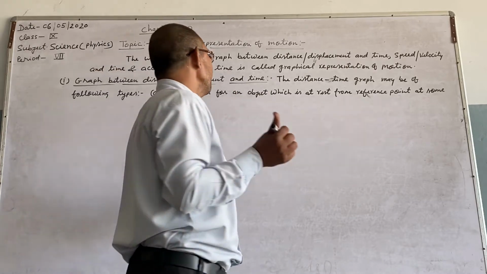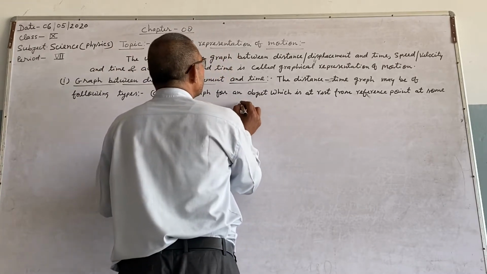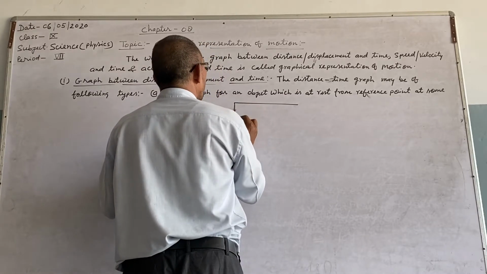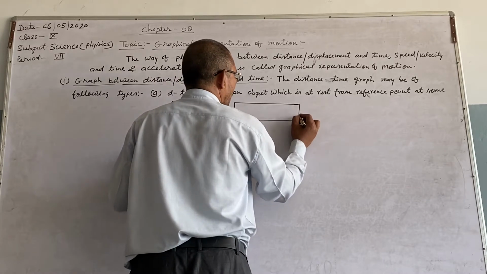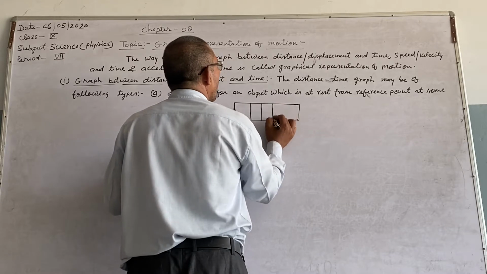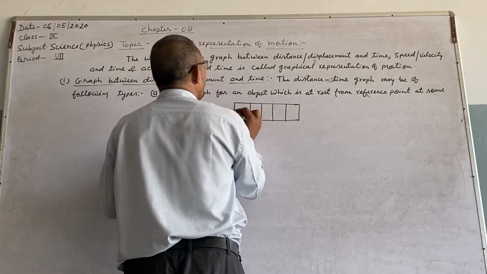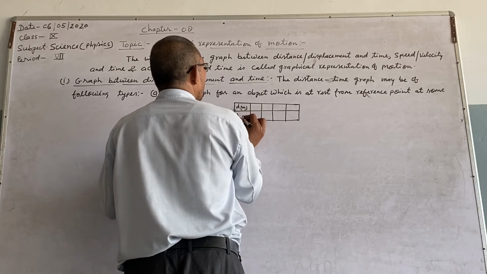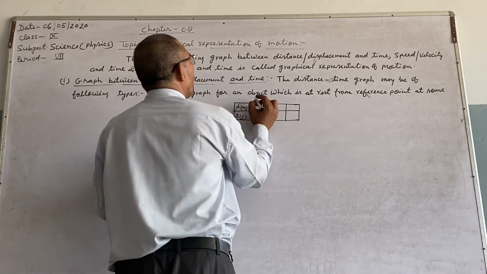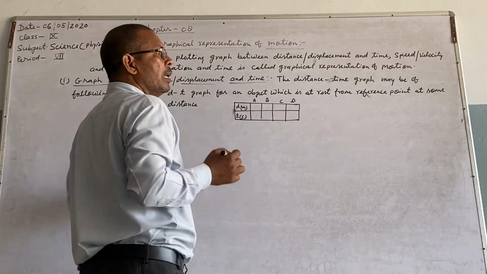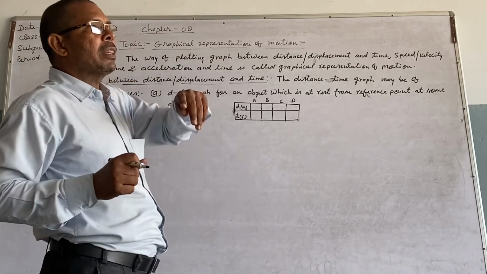How will you show it? Let an object, this is d meter and time t in second. Let point A, B, C, D. That is, these are different situations.